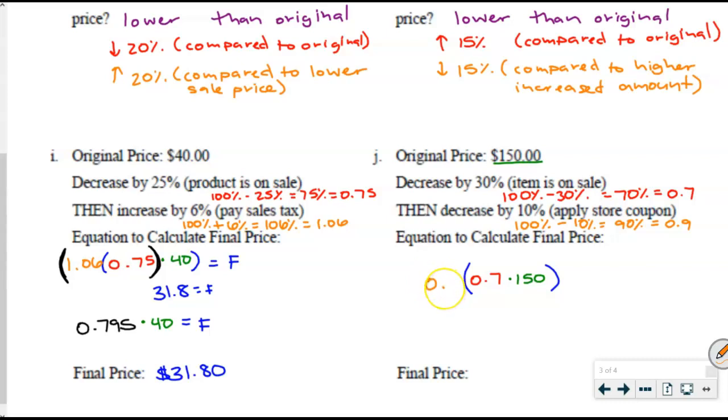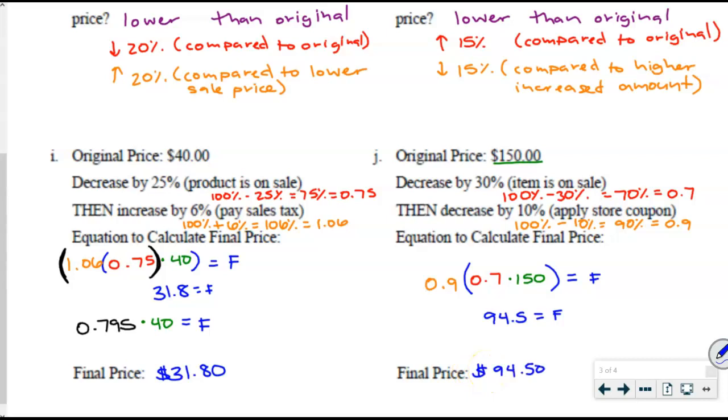So now I'm only paying 90% of this as the original price. Even though it's not the original, that's kind of the original once we walk into the store. All of this is equal to that new or that final price. So I'm going to do that calculation, and I get that the new final price is equal to 94.5, or in other words, $94.50.